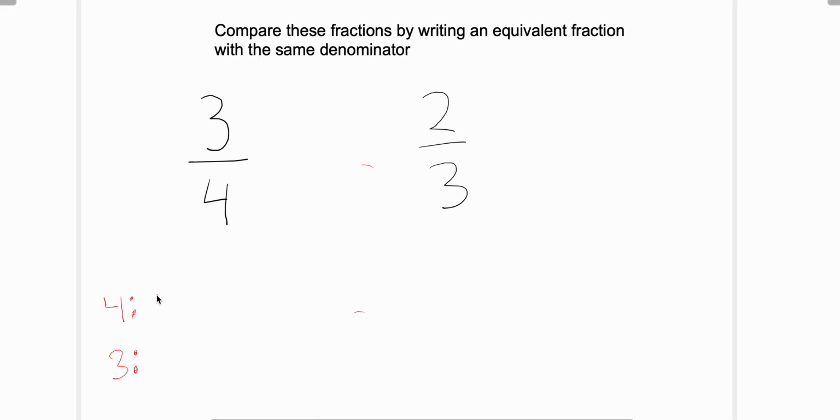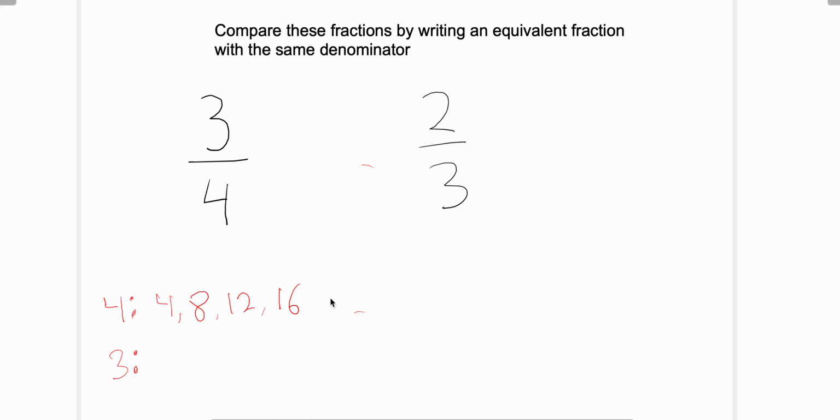So let's go 4. We'll skip count by 4 because we're looking for the multiples. So 4, 8. Okay, you count 4 more, you get 12. You count 4 more, you get 16.